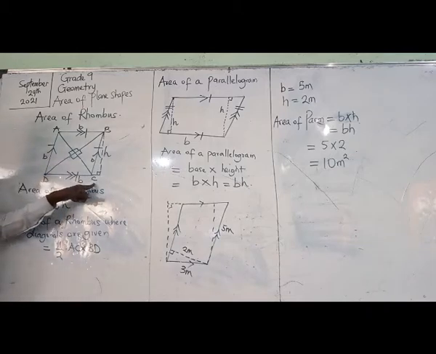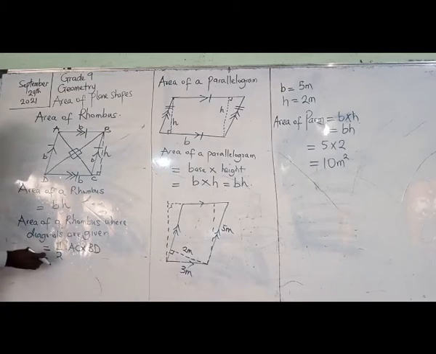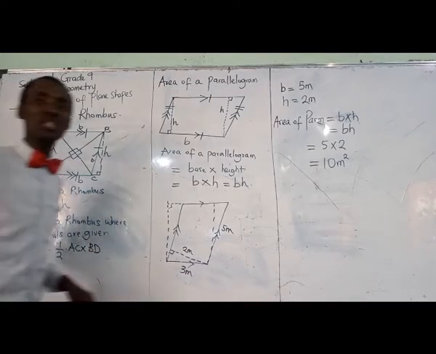AC is a diagonal, BD is another diagonal. So half diagonal AC times diagonal BD will give me the area of the rhombus.